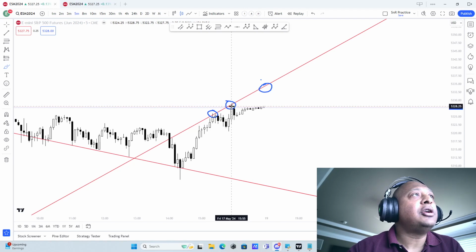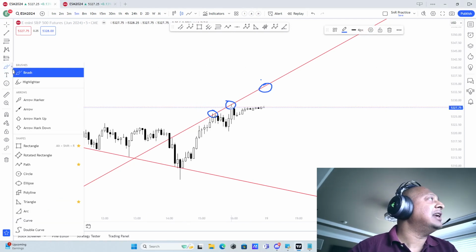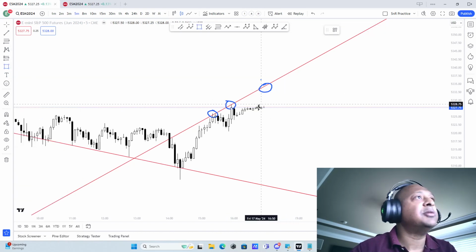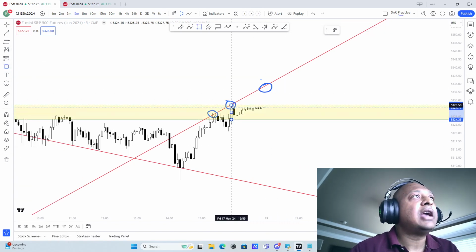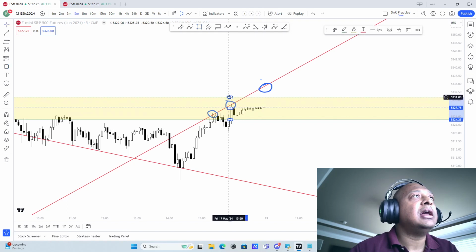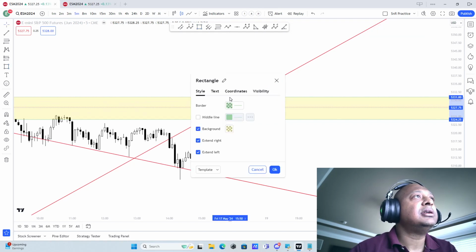Now, at this point of time, if instead of this candle, if we had a candle like this, where is my box? Here's my box. If we had this same candle like this, let me change this.